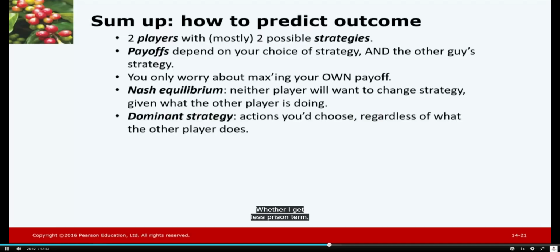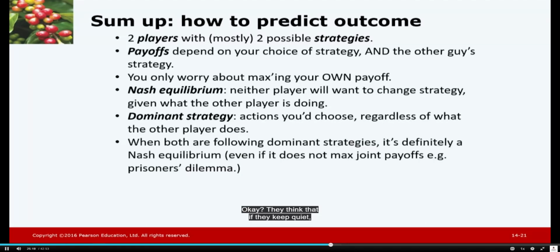A dominant strategy is an action that you choose regardless of what the other player does. So if you're both following a dominant strategy, you'll definitely find you get a Nash equilibrium, even if it's not maximizing the joint profits, even if we have a prisoner's dilemma in place, like we've seen.